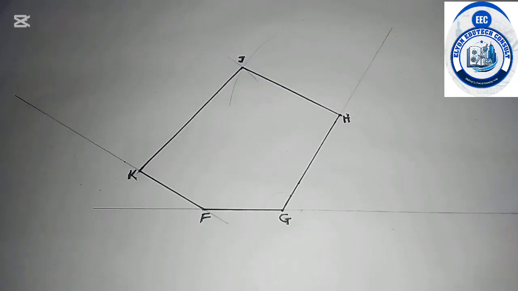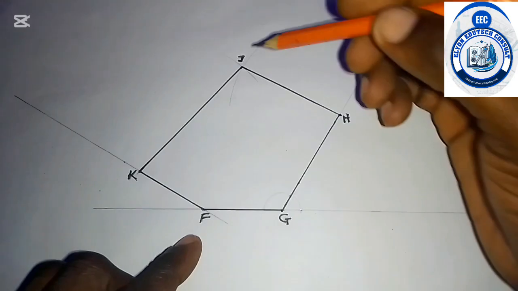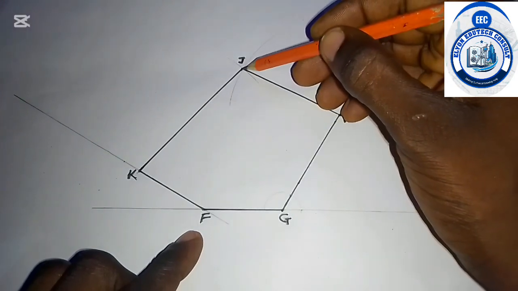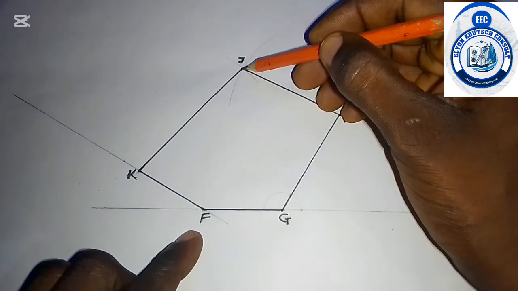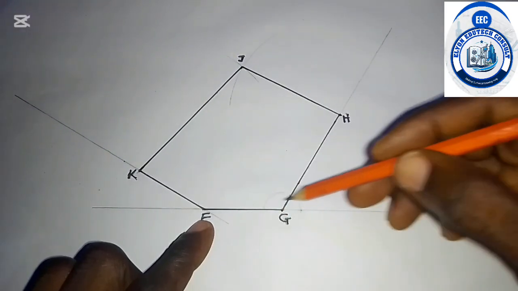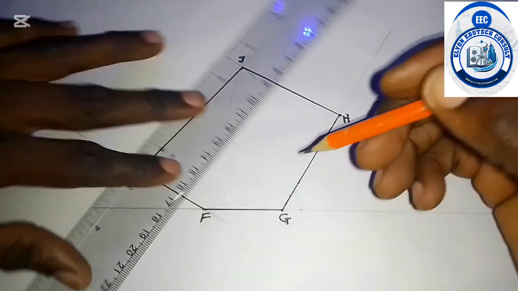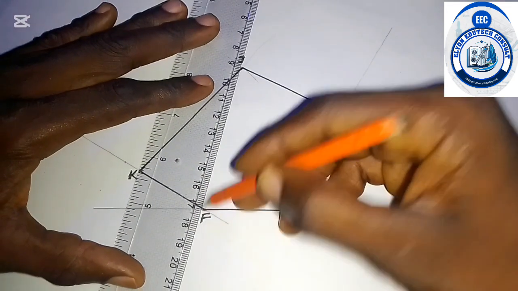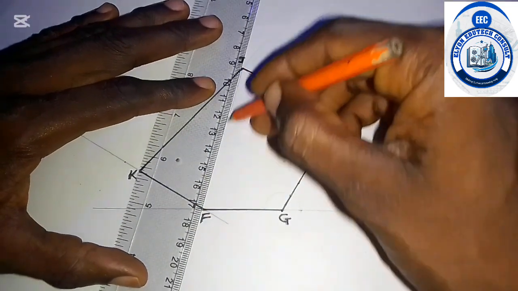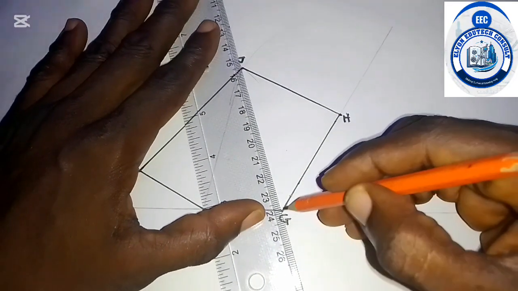If you see a question like this, what you are going to do is, from the top of the pentagon to the base, whether regular or irregular, draw a thin line to the two points at the base there. I've made a drawing that is similar to this.